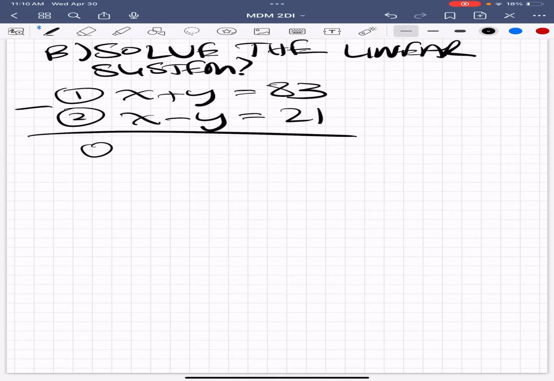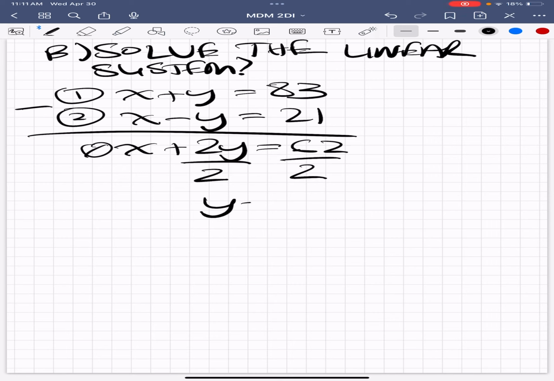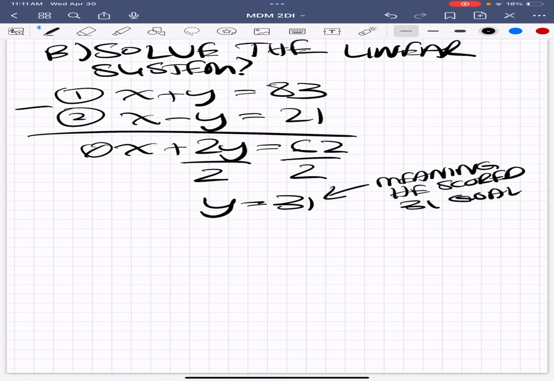Subtract them: 0x plus 2y equals 62, so y equals 31, meaning he scored 31 goals. This is solving by elimination. The previous one was substitution.